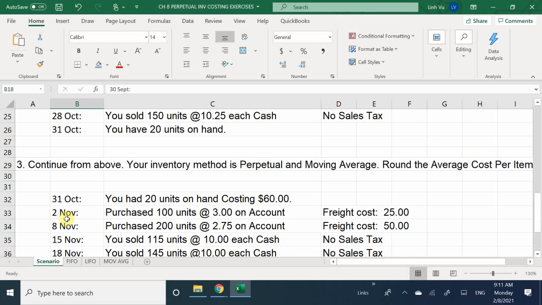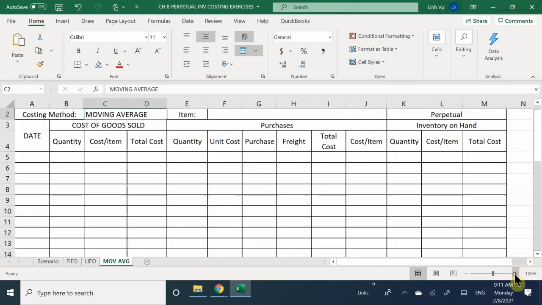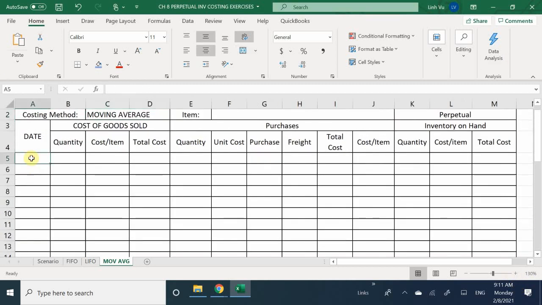Here, we know that on October 31st, we should have 20 units costing me $60. So I'm going to go to moving average and place this information here. On October 31st, the inventory on hand is going to be 20 units, and it's going to cost you $60.